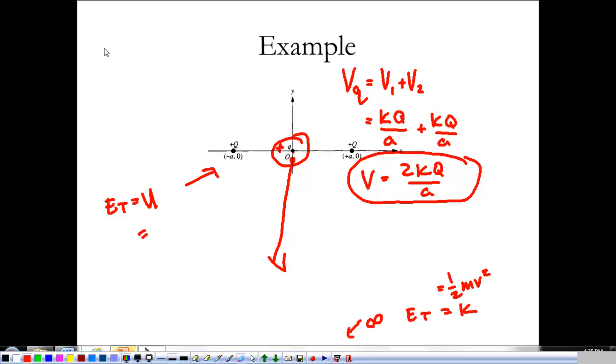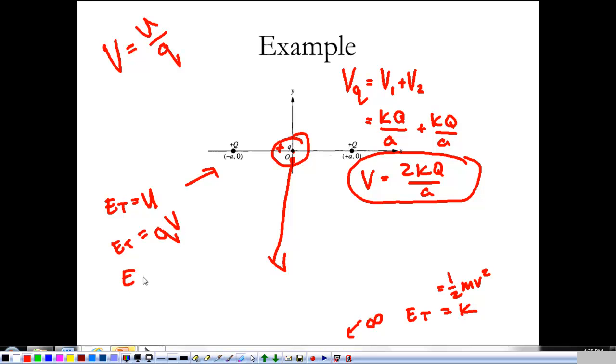And again, from voltage is U over unit charge, I know that my potential energy at this point is going to be that charge Q times my voltage.